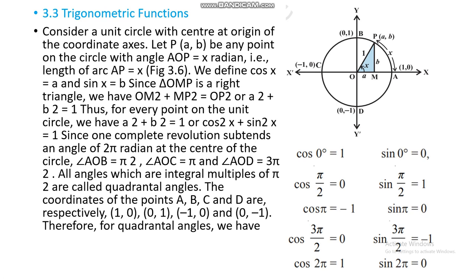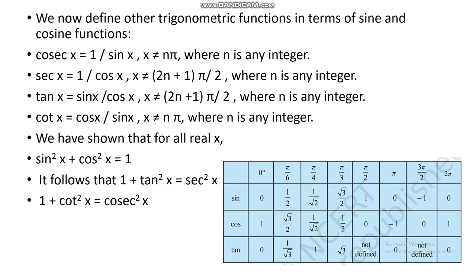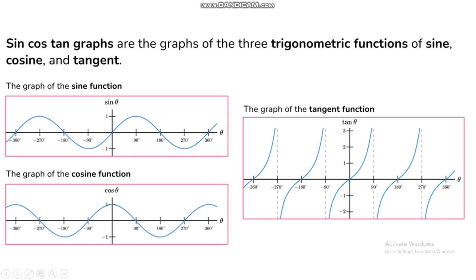At 270 degrees, cos 3 pi by 2 equals 0, sin 3 pi by 2 equals minus 1. Cos 2 pi equals 1, and sin 2 pi equals 0 at 360 degrees. We can get the values for cosec and tan similarly as per this table. So you have to remember this table as per the angle measure.